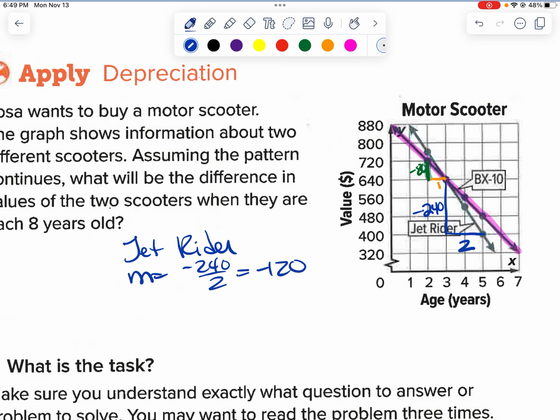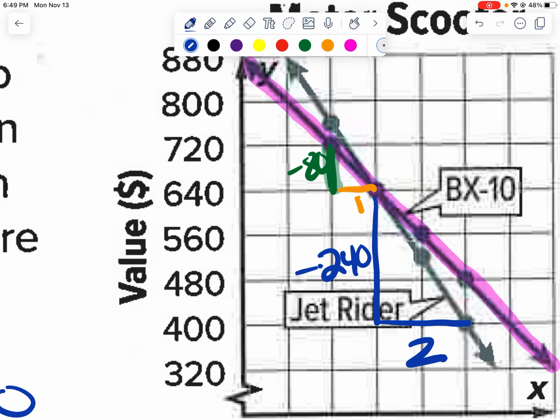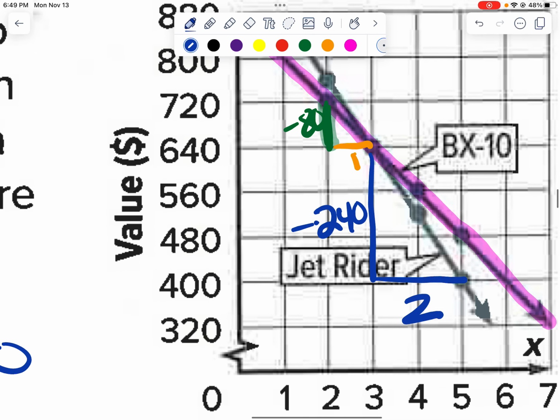But I can't tell where the y-intercept is, so I'm going to use a point. I'm going to use that point right there, which is 5, 400.